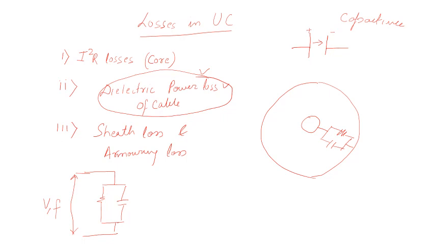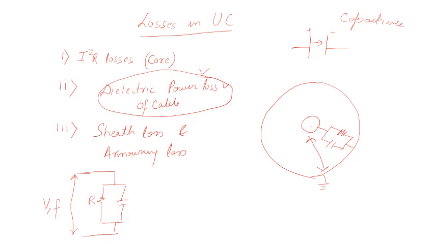This voltage is nothing but your phase voltage. This is the phase, and this is the ground potential. So phase voltage is applied across a resistance and a capacitance.